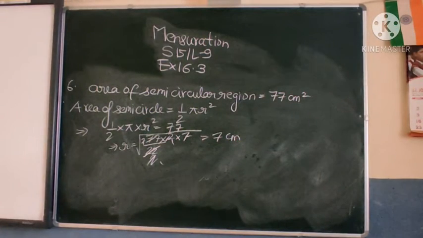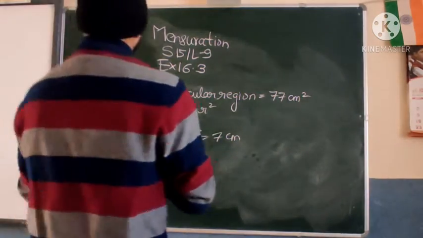Now from the radius, can we calculate how much is the perimeter?